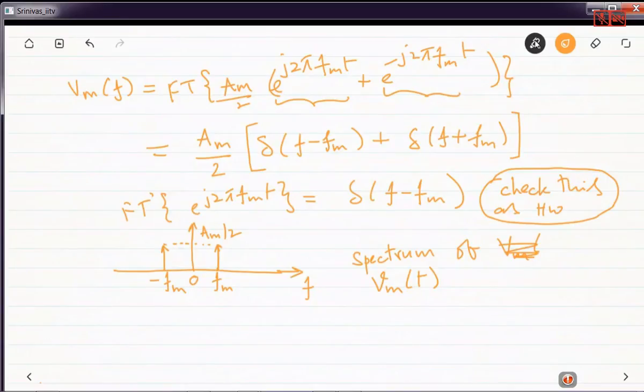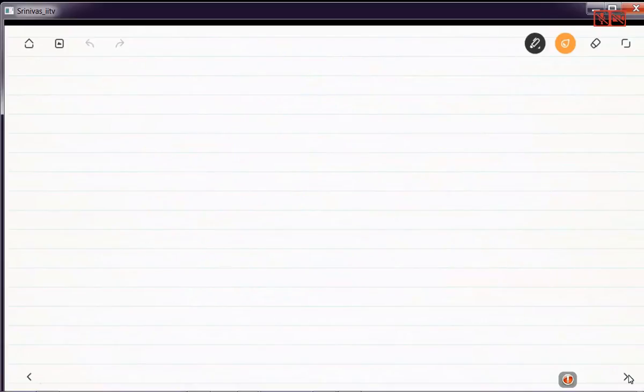So similarly, Vc of f will be Ac by 2 into delta f minus Fc plus delta f plus Fc.